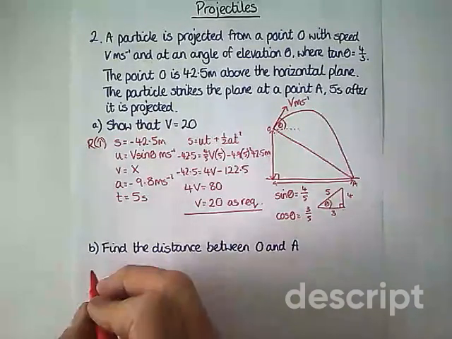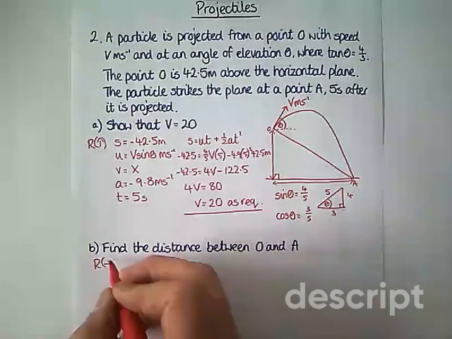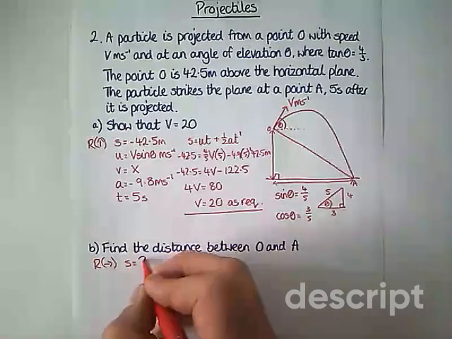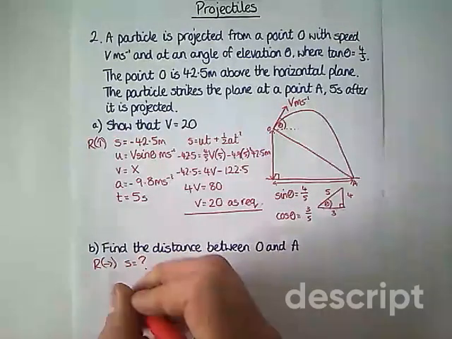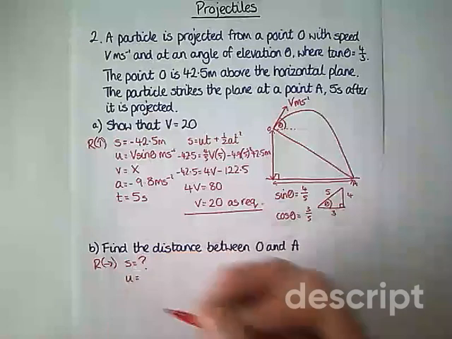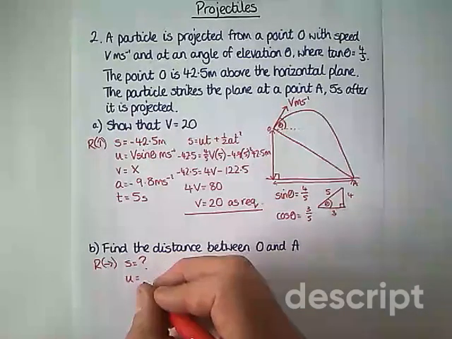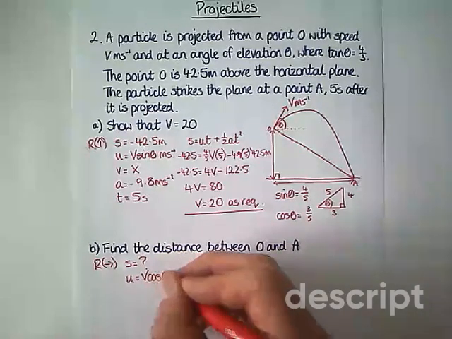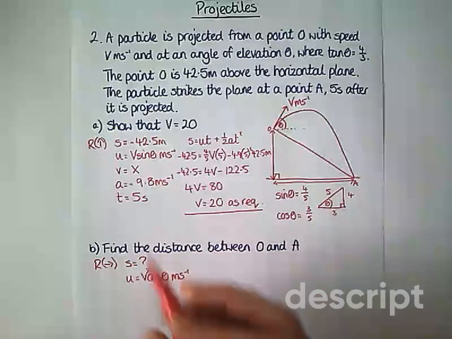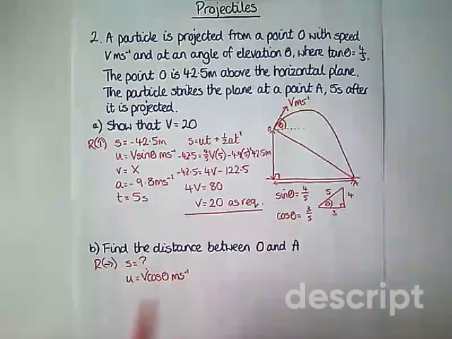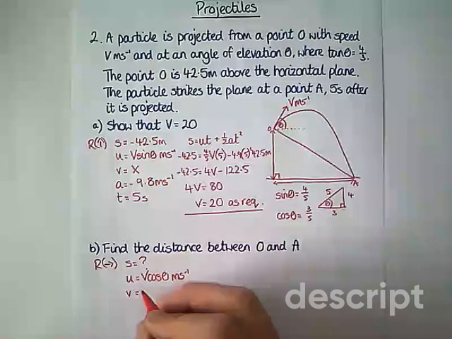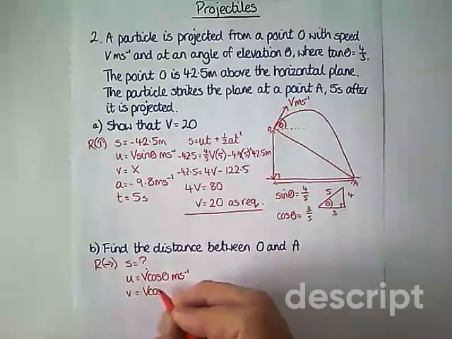So let's resolve horizontally. We're trying to find the horizontal displacement. Our initial horizontal velocity is v cos theta. We know v is 20 and we know cos theta is 3/5, so we know that value. Our final velocity will be the same.